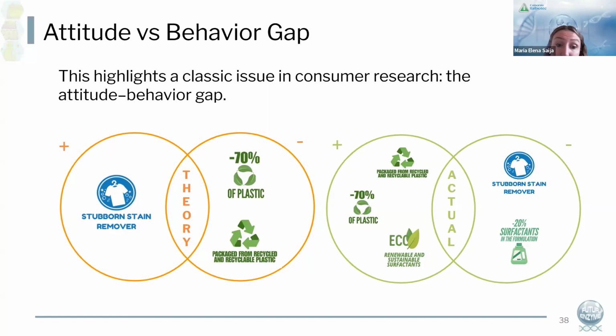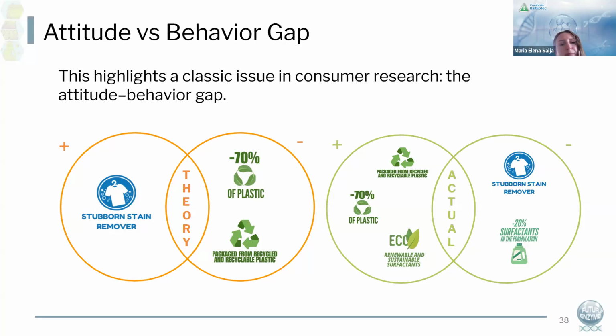This is very important because their actual choice showed that they were willing to pay more for sustainable packaging, and performance is not so important. So what does it mean? In theory, for them, performance is very important, but in the actual purchasing choice, they prefer, for example, a more sustainable packaging, a more sustainable surfactant, and so on. And performance is less important.